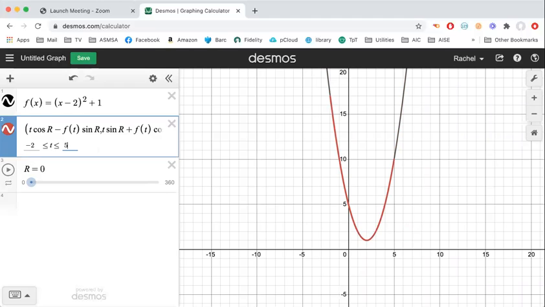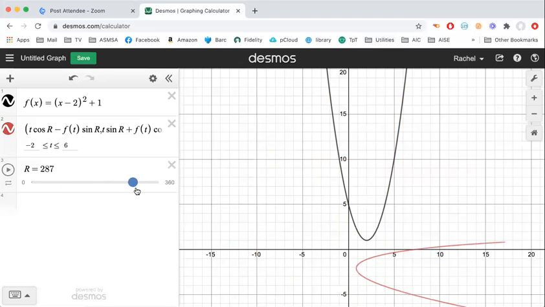You can see how I'm just changing this number until I get the piece of that red graph I need to show. So that's the piece I need to show for my domain and range. You're going to have to change this t value quite a bit to see how much you need to show to limit the domain and range of this parametric function. And then you just move this around to see it rotating, spinning it around 360 degrees, all the way around.